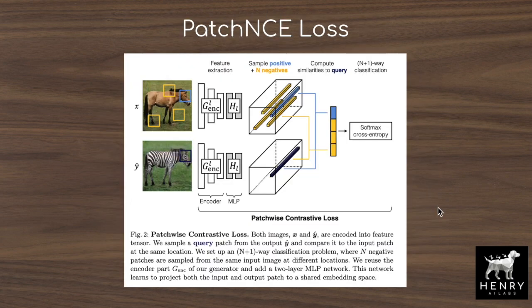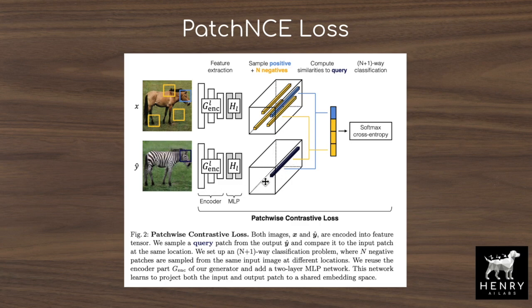Contrastive learning is implemented with the PatchNCE loss, where we're comparing these intermediate feature maps of the original image X that's in the horse domain, and then Y prime, the zebra image that comes out of mapping from X to Y, which describes the output or the prediction of the neural network. So you see how we're comparing these different feature maps that vary along this channel axis dramatically.